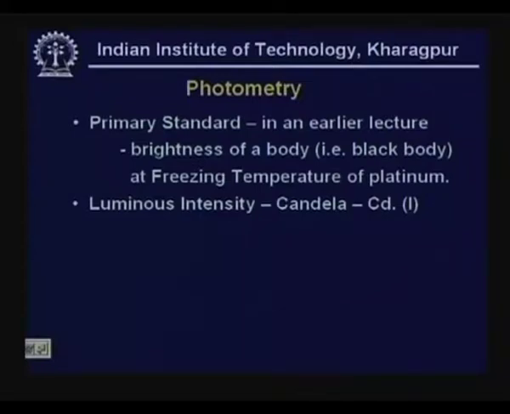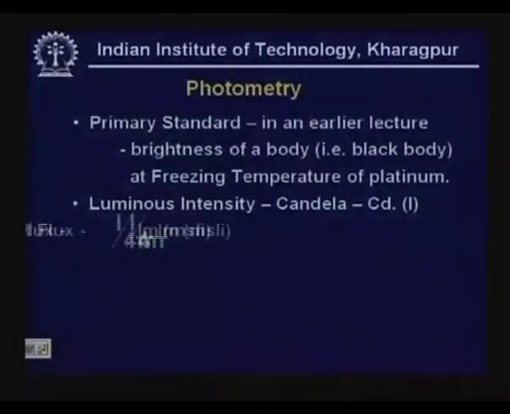Having looked at the standard, the immediate thing was to talk in terms of units in which we are going to express this radiation, because there is no point in measuring and giving a number if we are not able to express it in certain units. And that is how we have defined the light output from any of these sources in terms of the original candle.